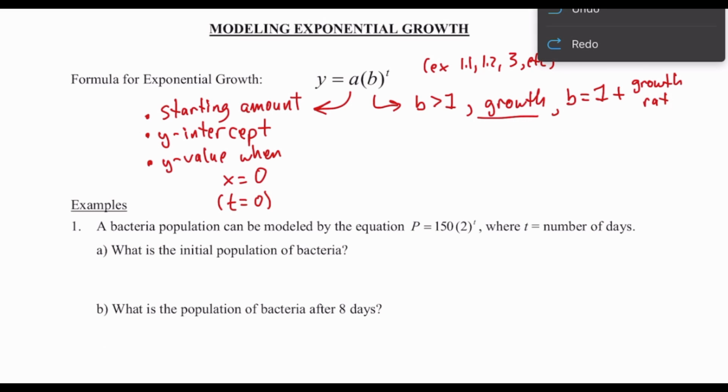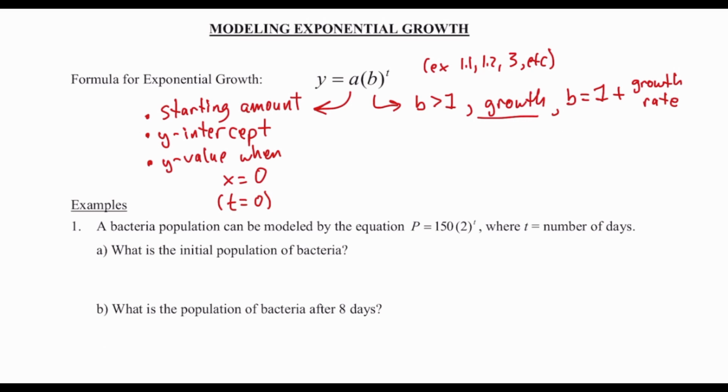And this sheet specifically talks about growth, but let's talk about decay right away as well, as a continuation from our last video. If b is between 0 and 1, and I'm going to use the mathematical way of writing it right now just to save space on the page, but just know that this part means b is between 0 and 1. So as an example, we would have values like a half or 0.6 or 0.85.